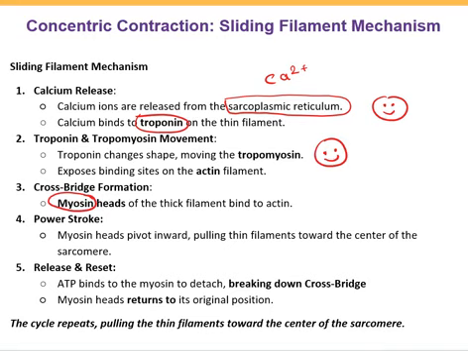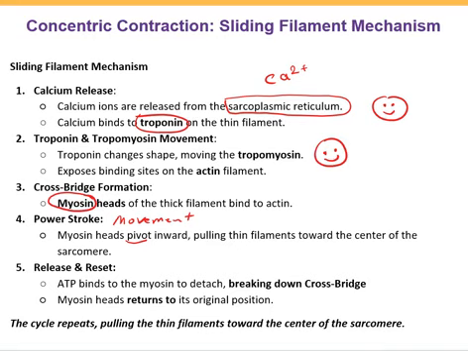Now the myosin heads are super happy and super excited, they can rotate inward and pull the thin filament toward the center of the sarcomere. We call this movement the power stroke. So power stroke is the movement of the myosin heads toward the center, pulling the thin filament toward the center of the sarcomere.